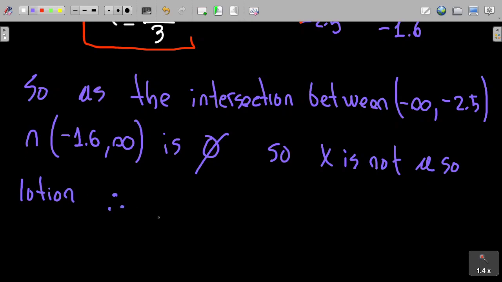So we get that the solution set number 4 is also the empty set.